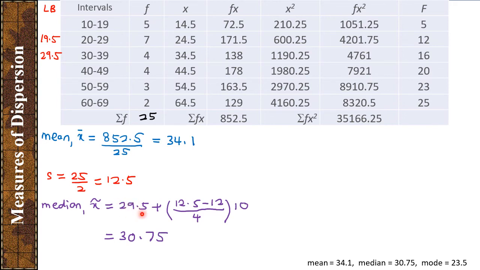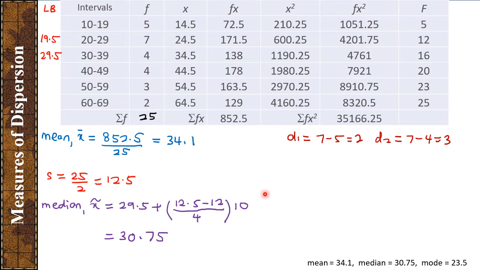So we use the lower boundary 29.5, and then n over 2 minus the cumulative frequency before that, which is 12, divided by 4, the frequency of the class interval, and then the size is 10. Remember, to find the size we cannot subtract 39 minus 30; you have to use the lower boundaries, 39.5 minus 29.5. So that's why you get 10. Press your calculator, and you find the value of the median is 30.75.